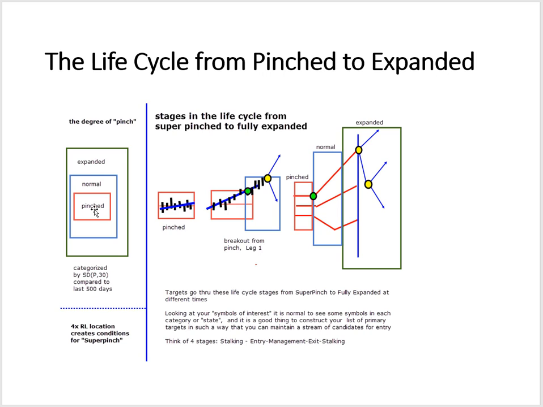When that is more than one standard deviation below average, we're going to call that pinched. When it's between -1 and +1 Z around the average, we'll think of that as normal expansion and pinchiness.